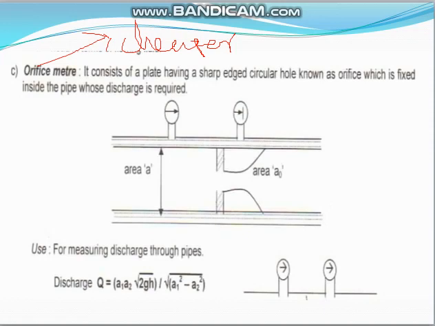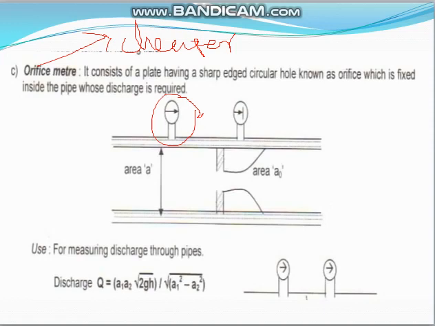It consists of a flat circular plate which has a circular sharp edged hole called orifice. This is called the orifice. It is concentric with the pipe.